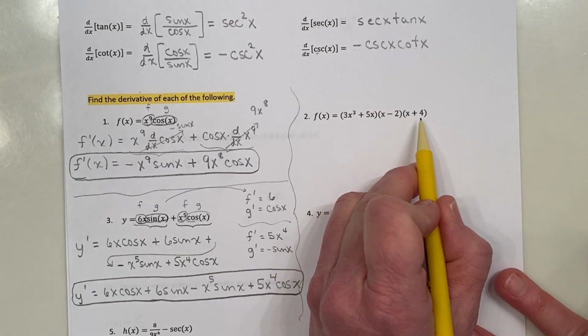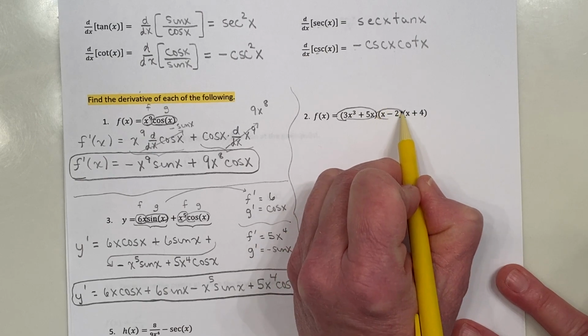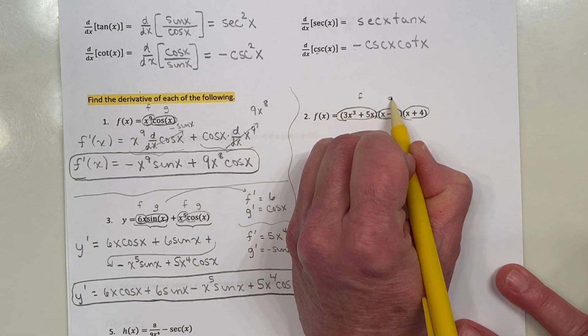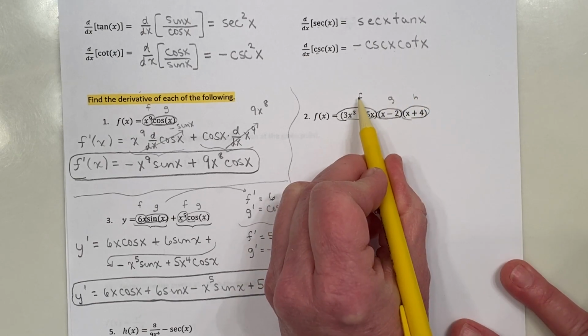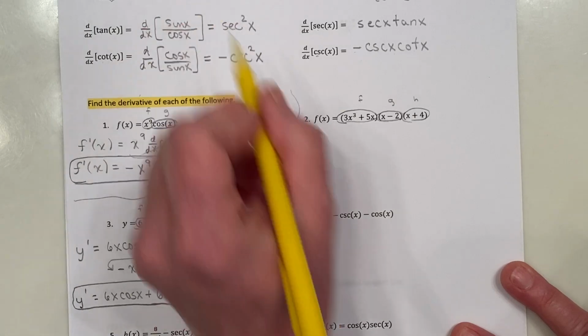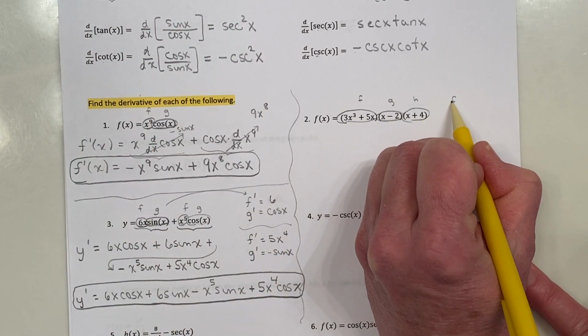Okay, so what I'm going to need is the prime of all of these factors here. So if you want to think of this as f and g and h, and not to confuse that f with that f of x, but just for the purposes of managing the formula. If this is f, g, h, I'm going to need all 3 of these derivatives. Let me just come over here to the side.